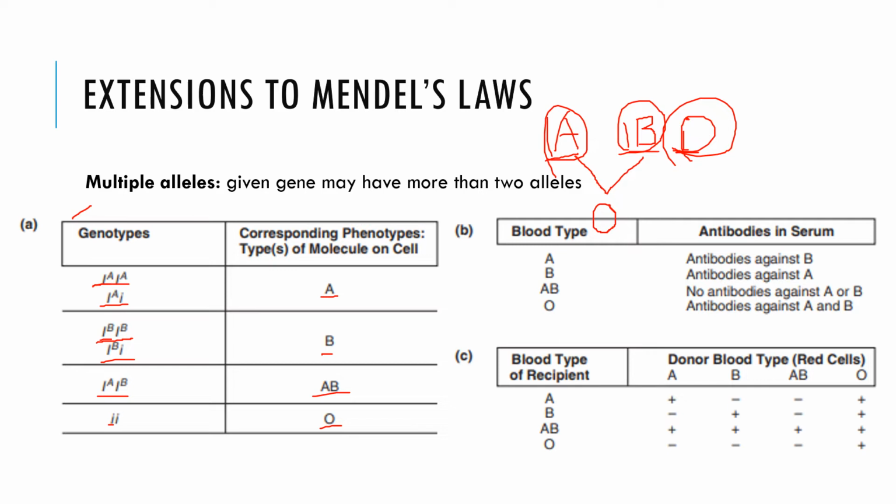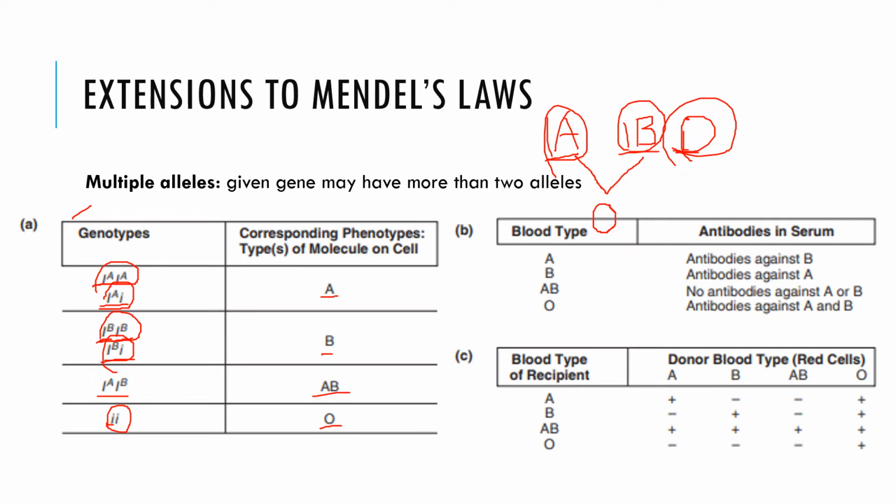There are 6 possible ABO genotypes because each individual carries no more than 2 alleles for each gene.